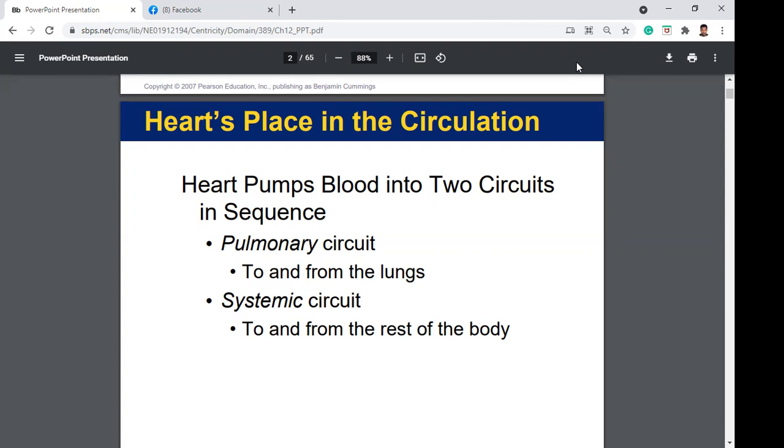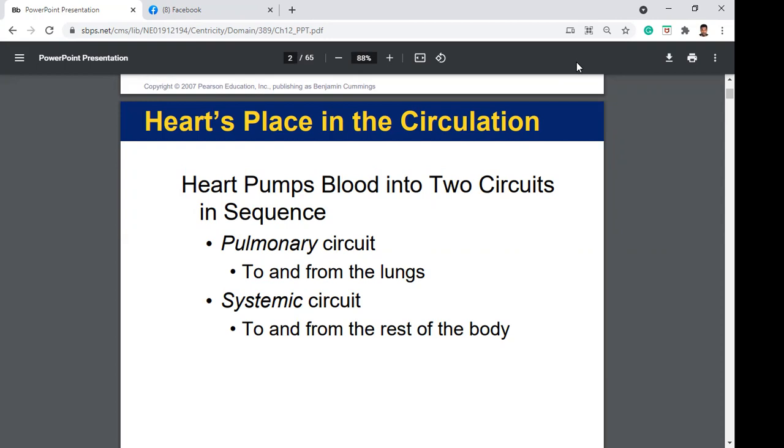The right ventricle pumps deoxygenated blood to the lungs via the pulmonary artery, and the left ventricle pumps blood to other parts of the body through the systemic arteries. Repeat that.